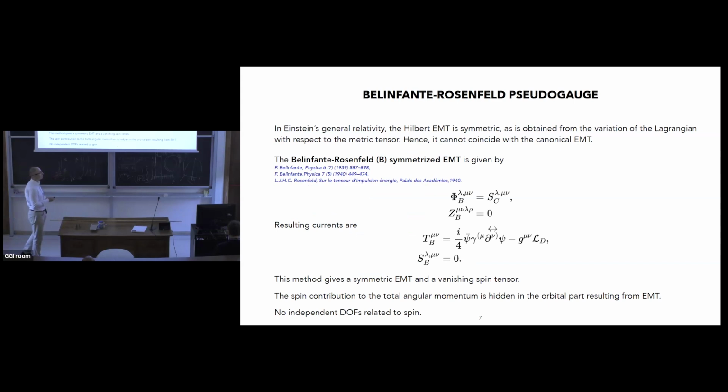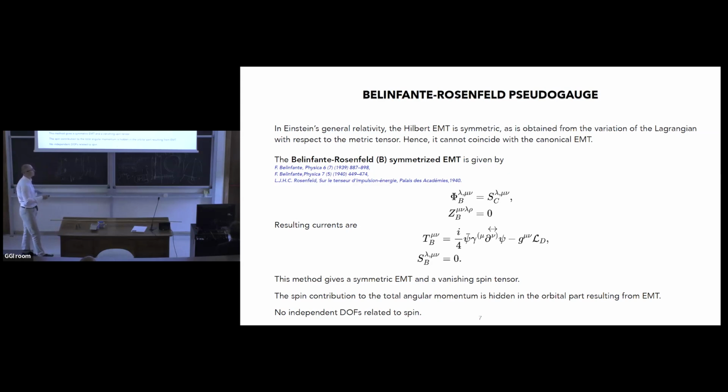For instance, in Einstein's general relativity, one would expect that the energy momentum tensor is symmetric, and this is obtained by the so-called Belinfante-Rosenfeld symmetrization procedure. You can do this by using this kind of form of the superpotentials, where one of the potentials is basically the spin current, and in this way you get rid of it completely, and the other one is zero.